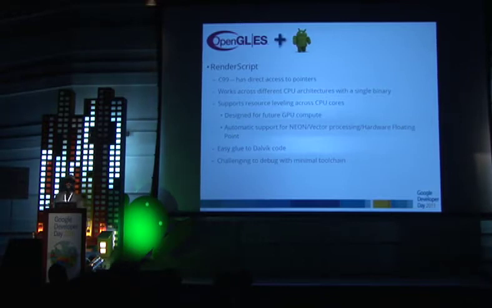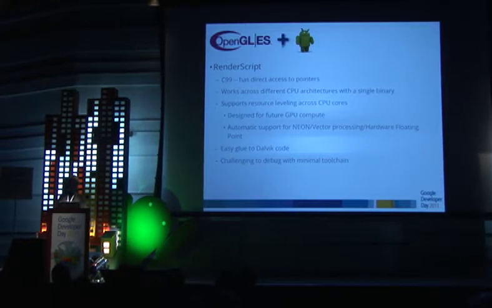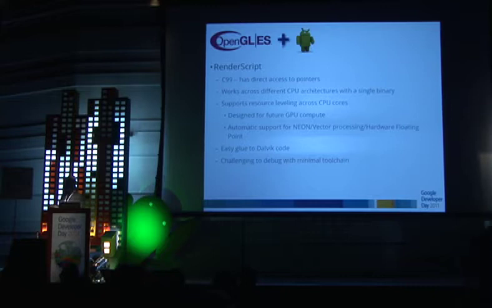Today, it's only available on Honeycomb. But going forward, this is the future of Android high-performance graphics: the ability to target multiple devices with multiple CPU architectures with a single binary that runs very, very fast. It also does some very cool stuff. It gives you immediate support for taking advantage of parallelization within your code.